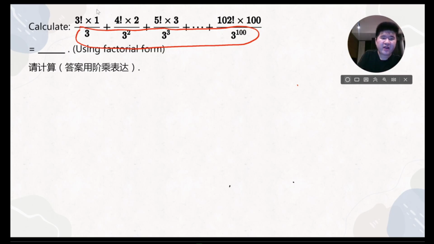And next part is a factorial part. Factorial of 3, factorial of 4, factorial of 5, and factorial of 102. And next part is 1, 2, 3, 4, 5.